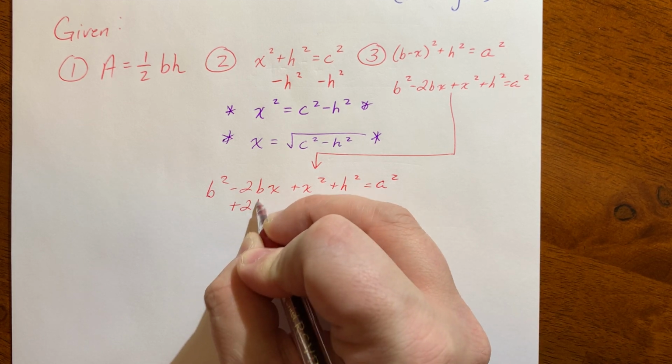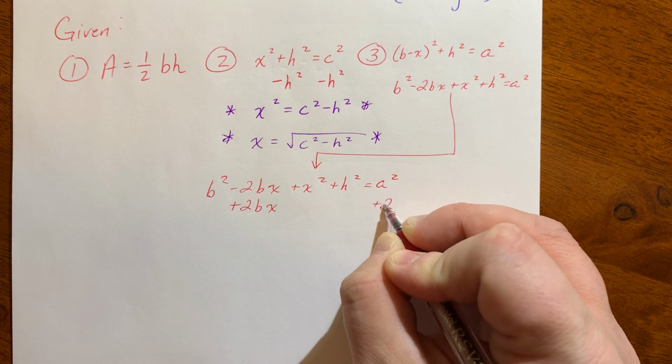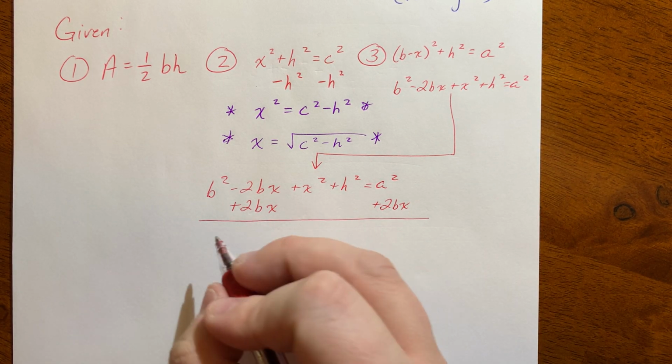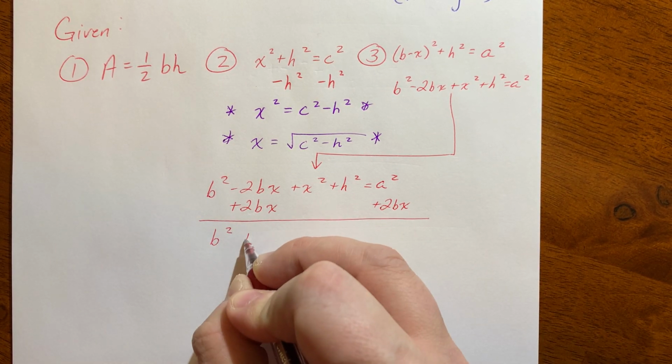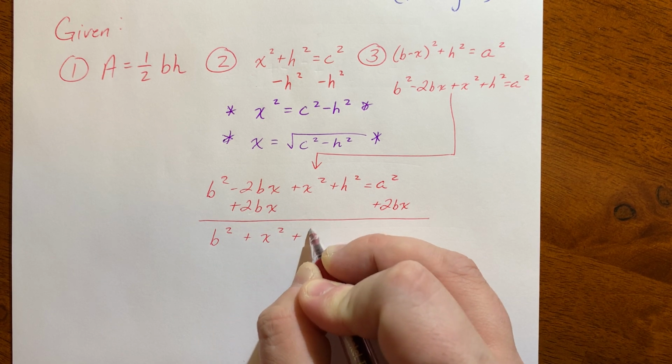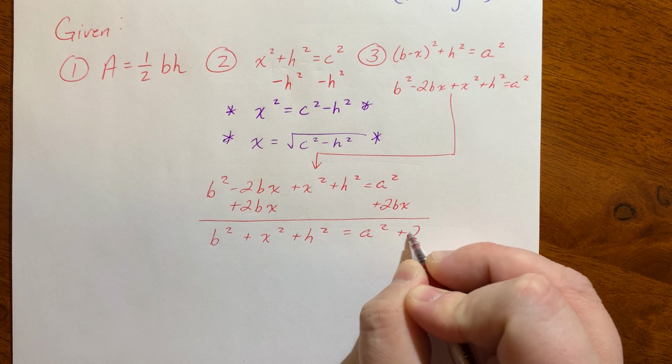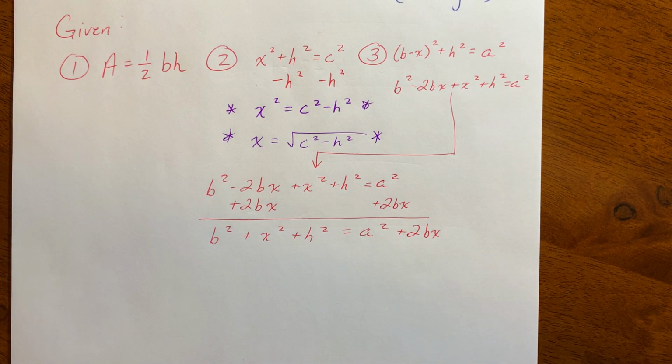I'm going to add 2bx to both sides. There's a reason for it. You'll see why. But b squared plus x squared plus h squared now equals a squared plus 2bx.